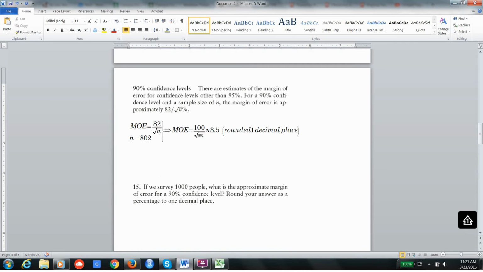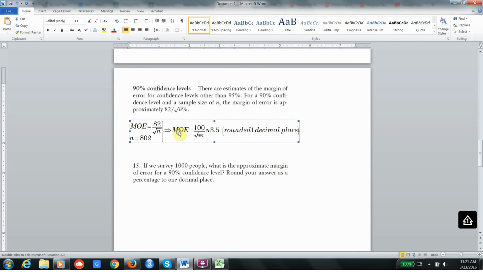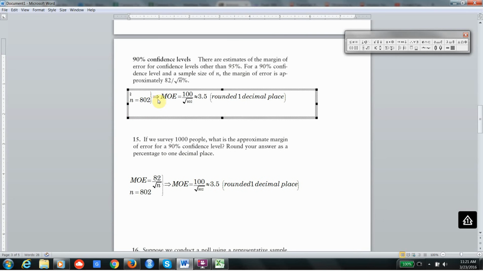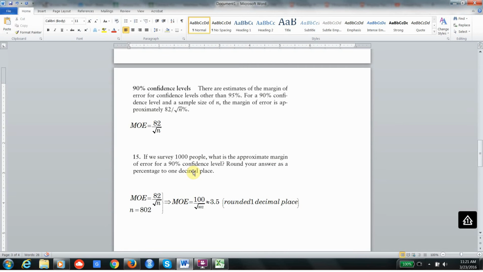Okay. So now we just want to do some calculations using this formula. Calculate the margin of error for a 90% confidence interval. So let's go ahead and just take that out. There's our formula. And now we're told that we're going to survey 1,000 people, and we want to know what the 90% confidence interval is.